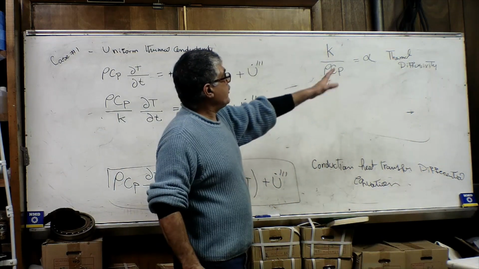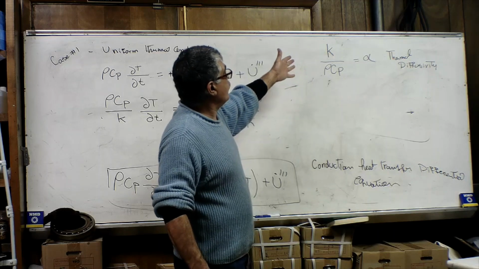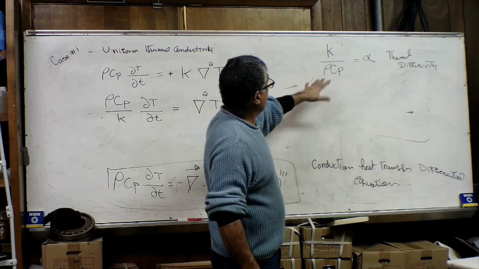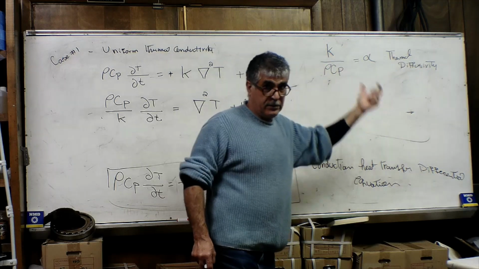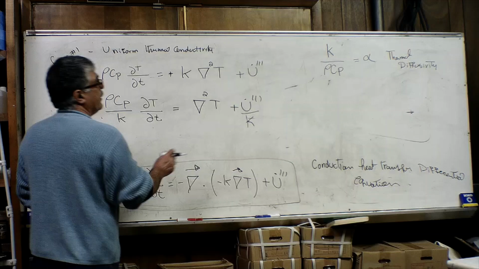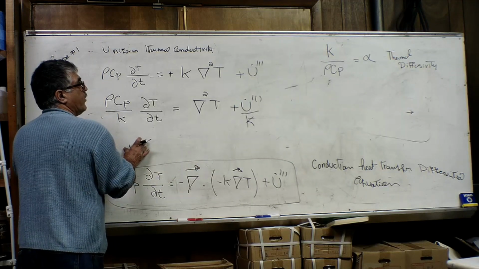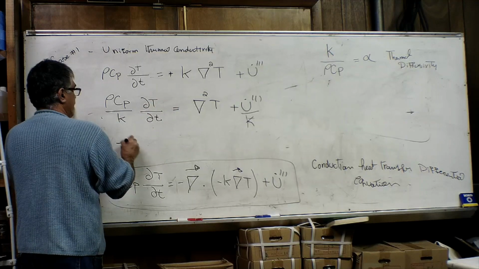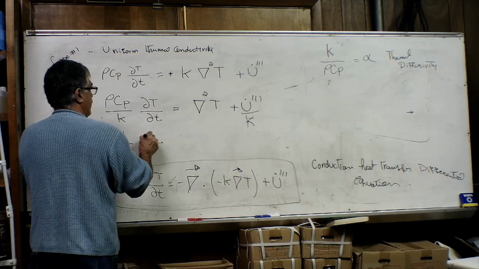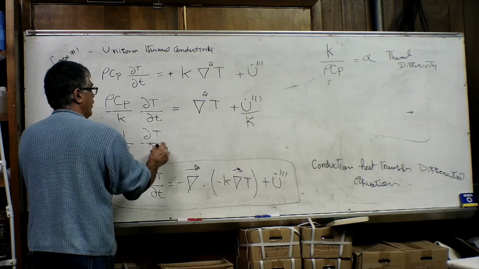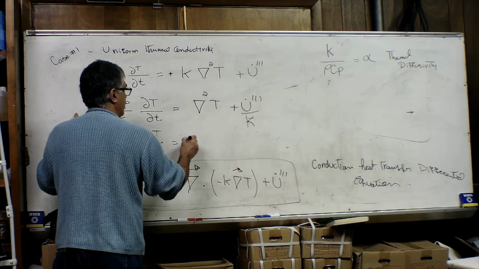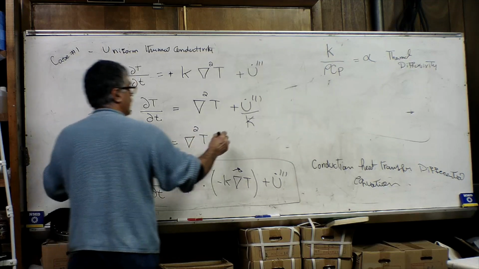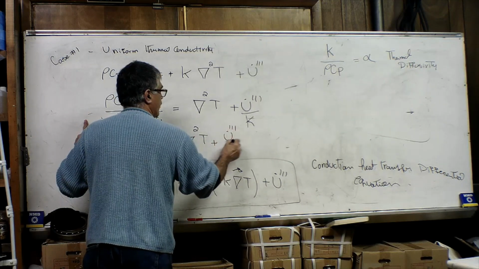By definition, the thermal diffusivity is equal to the thermal conductivity divided by density multiplied by the constant pressure specific heat. Since this is the inverse, we can write this as 1 over alpha partial derivative of T with respect to time is equal to del square T plus u dot divided by k.